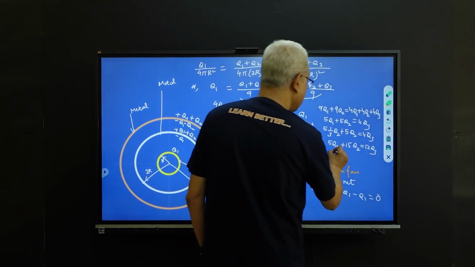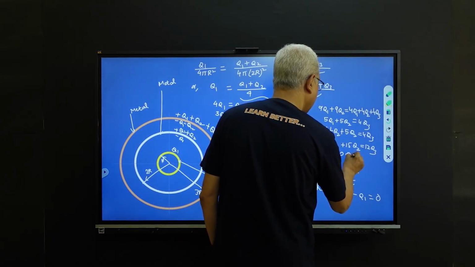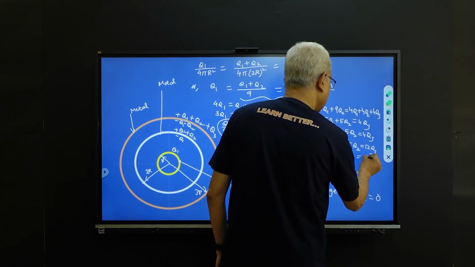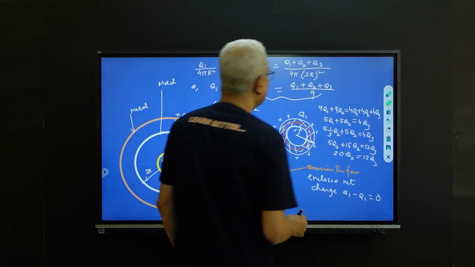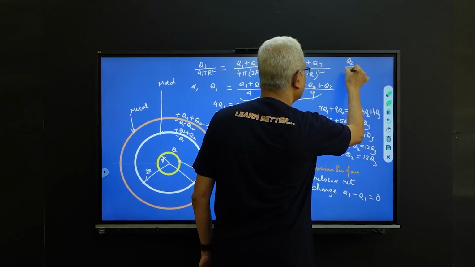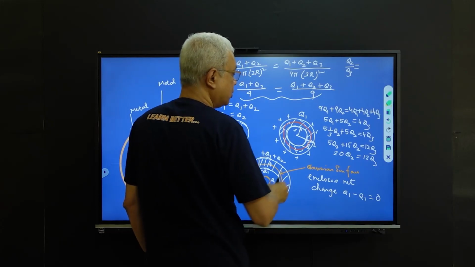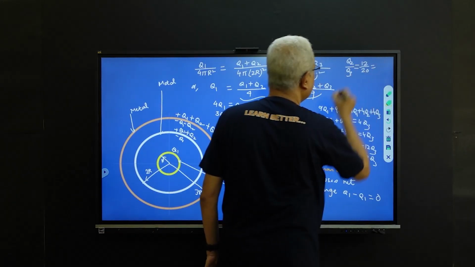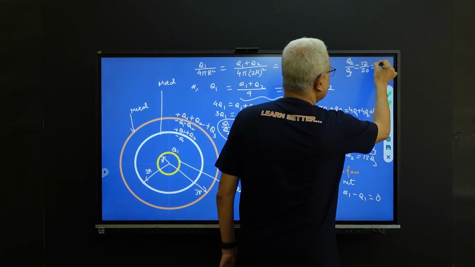So 20 Q2 equal to 12 Q3. So Q2 by Q3 is equal to 12 by 20, which is actually 3 by 5.